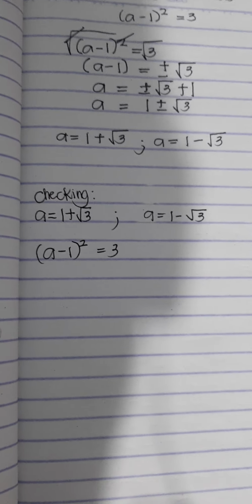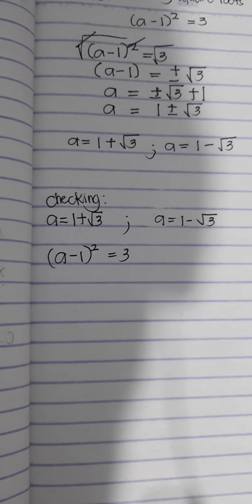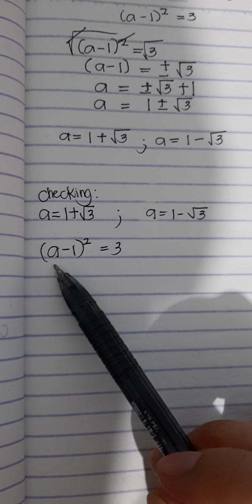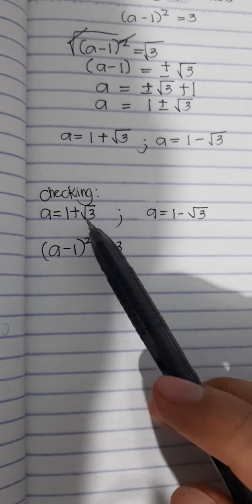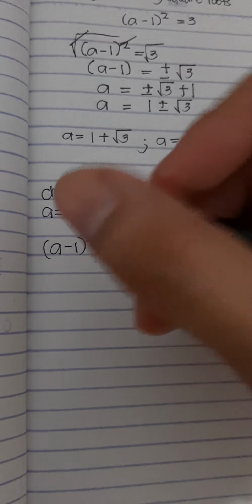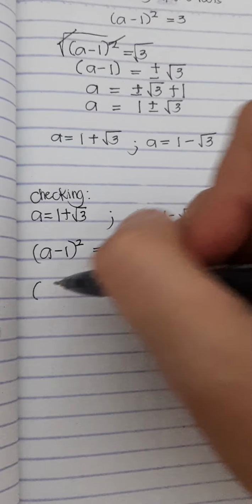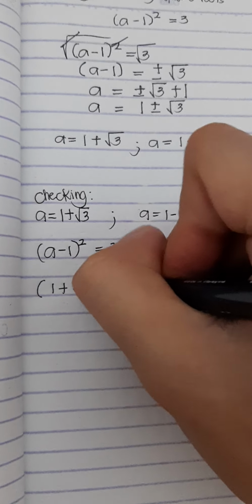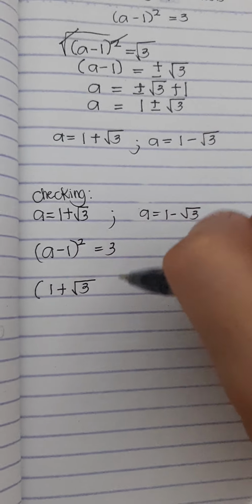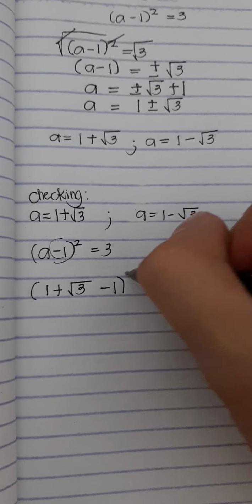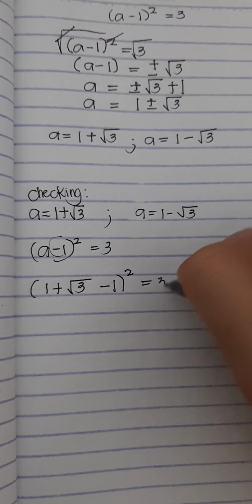For the checking, we will just substitute the values of a into the a found in our original equation. So we will just use this first value. So we have here a will be equal to 1 plus square root of 3, minus 1 squared, that is equal to 3.